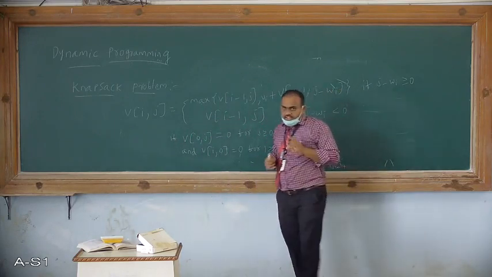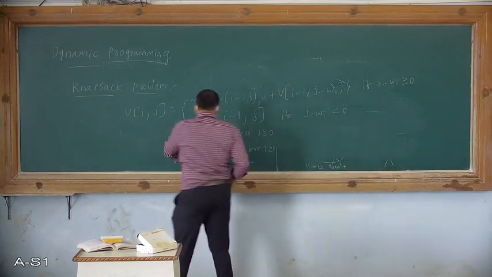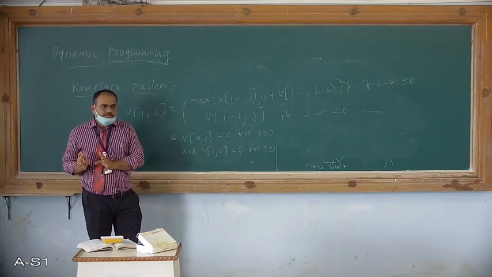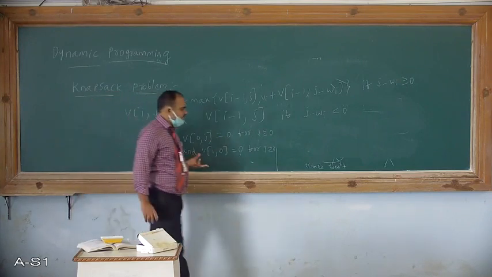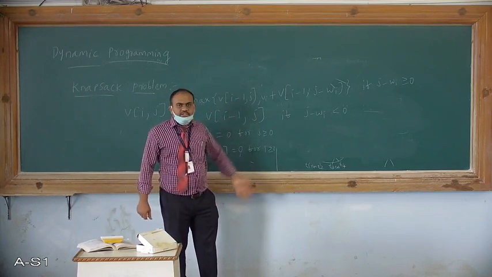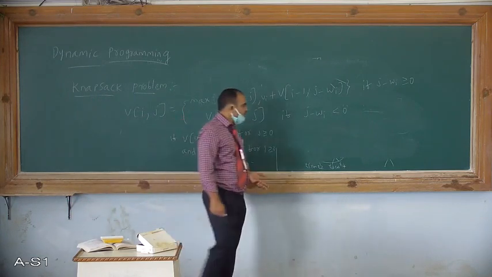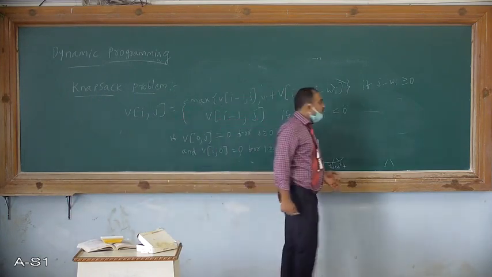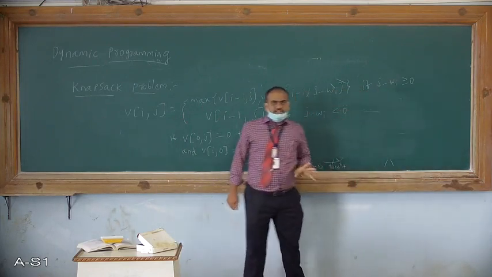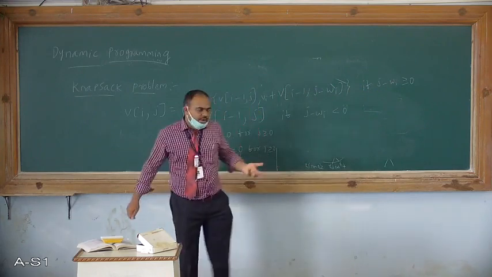If any one is 0 among the i and j values, then directly we will apply 0 as per this formula. So what is the basic formula? We'll check i and j values. If any one is 0, we will substitute 0. If that is not the case, if both the values are non-zero, then we will calculate j minus wi. Here wi is the weight that is given in the problem statement.